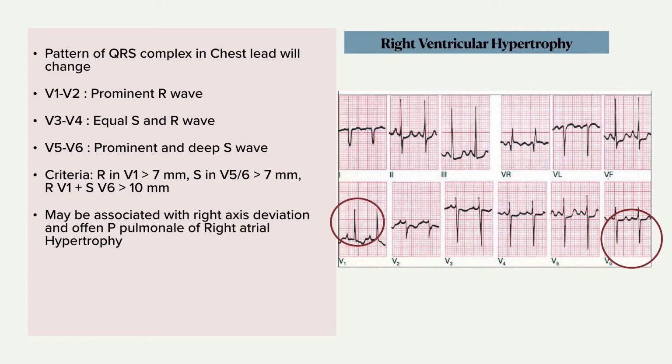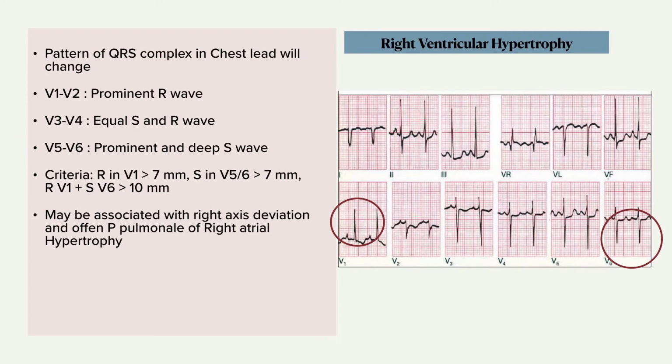Now let's measure the amplitude of waves. RV1 is equal to 16 mm, which is greater than 7 mm, and S in V6 is 10 mm, which is greater than 7 mm, and their addition is also greater than 10 mm, which is 26 mm. So this is due to right ventricular hypertrophy.